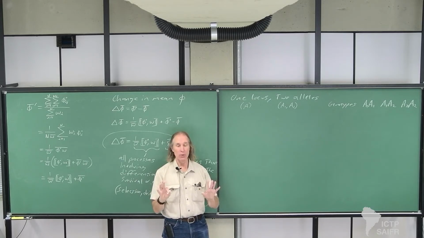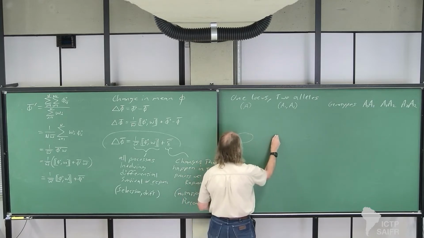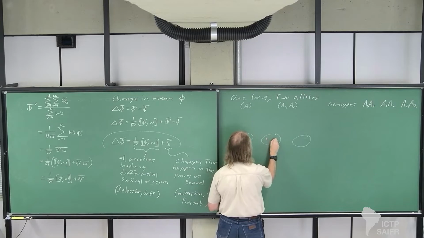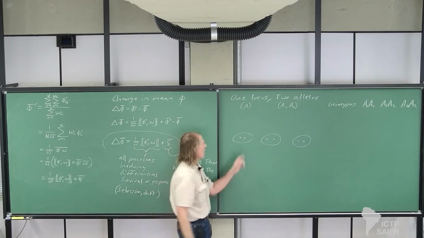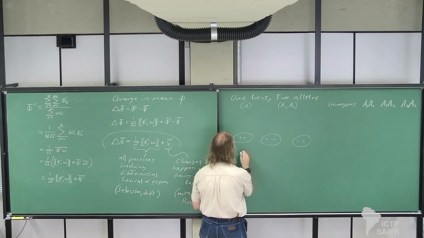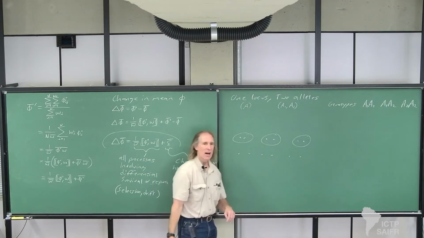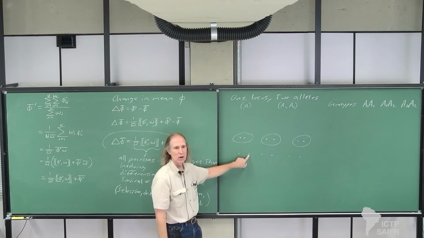Here's an intuitive idea for that. Remember I drew things like, here's some individuals, and they each have 2 gene copies, right? And then in coalescence, I just ignored the individuals and said, okay, let's just look at the gene copies. I didn't have to worry about the fact that this gene copy is in the same individual as this one.